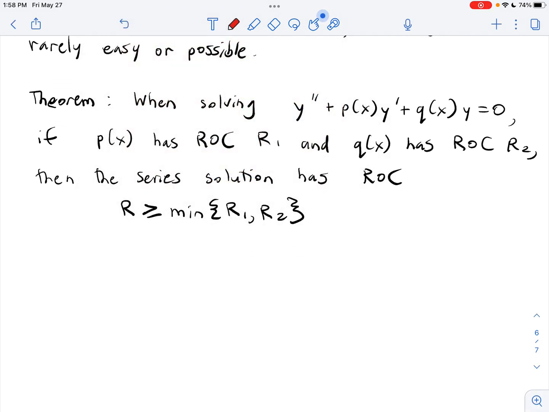Greater than or equal to is just another way of saying that this is a lower bound for the radius of convergence. This will be useful later because using this fact can sometimes tell us right away that the radius of convergence has to be at least a certain size.